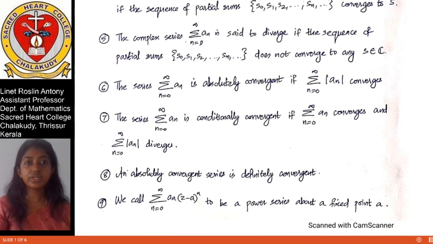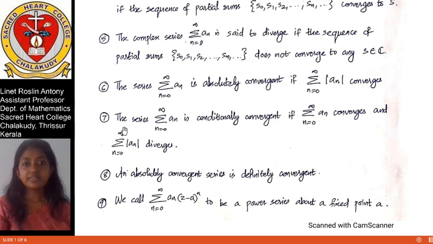Point 6 to recall is the series summation n equal to 0 to infinity a_n is absolutely convergent if summation n equal to 0 to infinity modulus of a_n converges. So absolute convergence is defined as the convergence of the series of moduli.